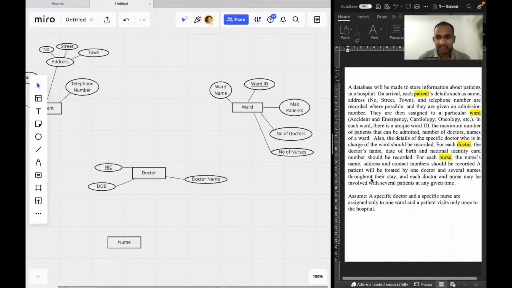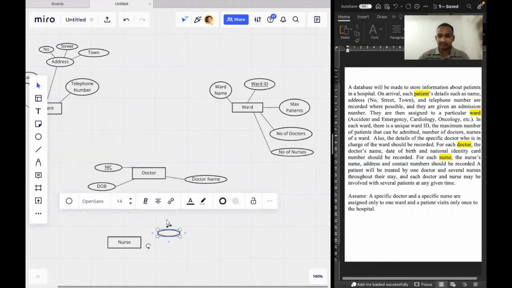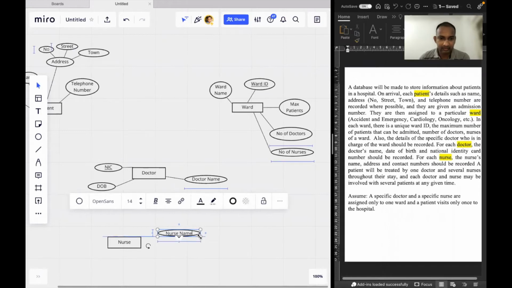Then we can move to the nurse entity. For each nurse, the nurse name, address, and contact number should be recorded. So we can go to the nurse name. Nurse name, address, and the contact number.